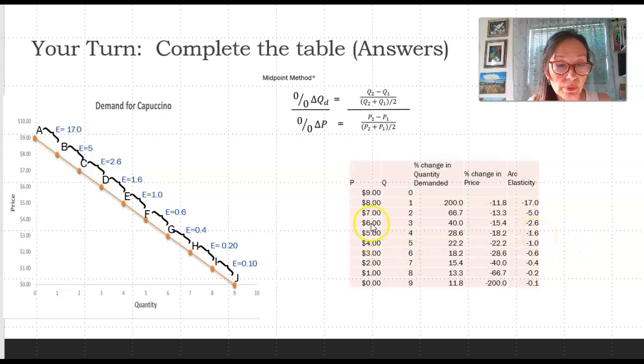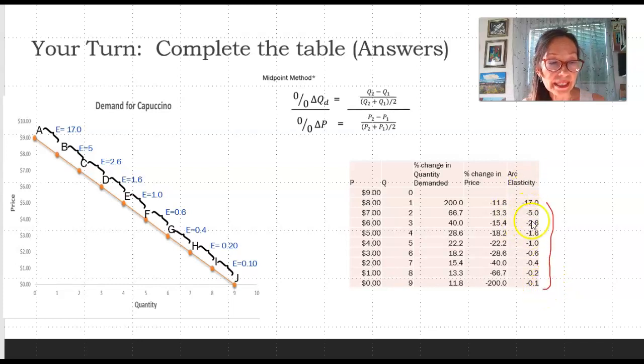Okay, so we know that if we went from $6 to $5, the elasticity along this range is 1.6. Now, note that the elasticity changes as you go from each area of the curve.